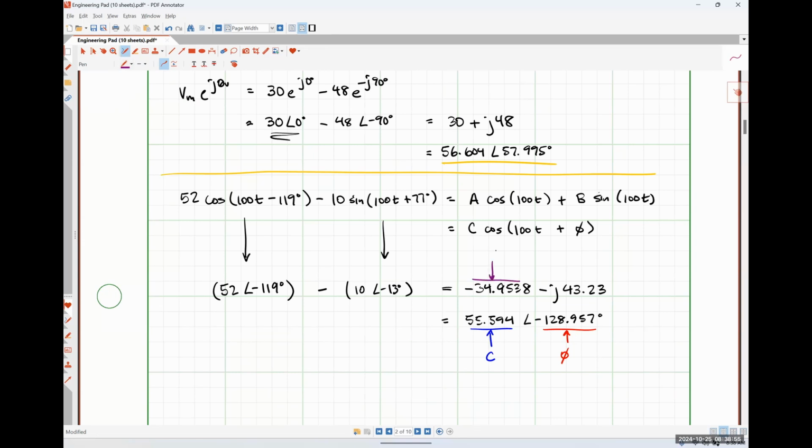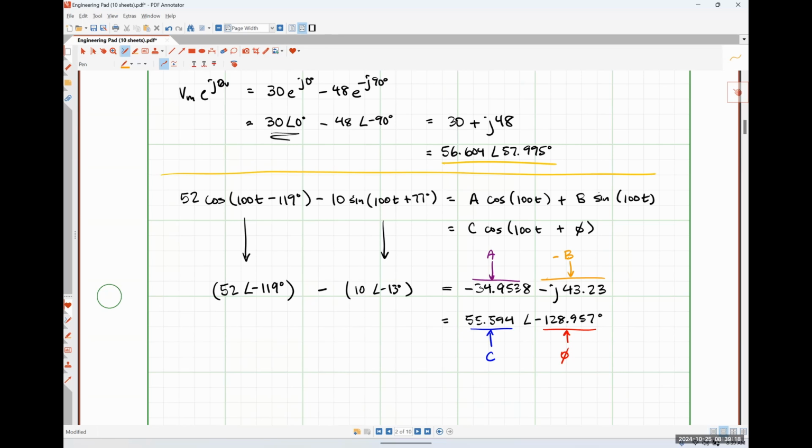This number right here is A. And this number right here, without the J, I want to be clear, is actually negative B. And the reason it's negative B is because of how that trig identity works.